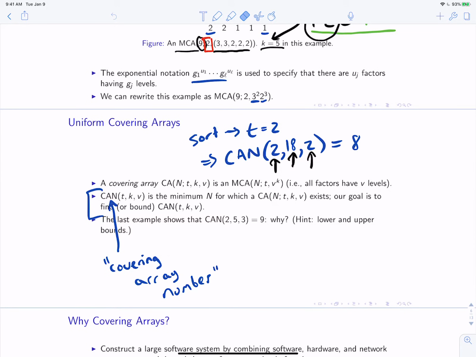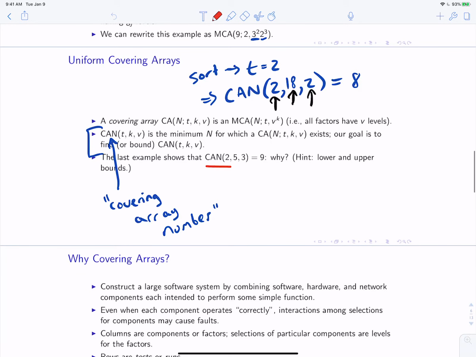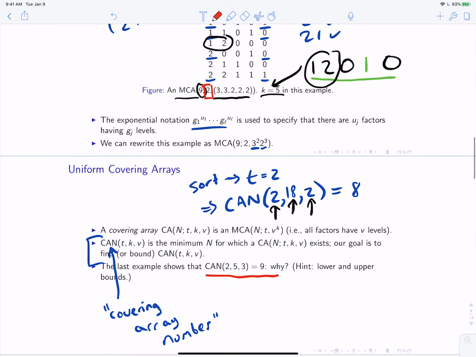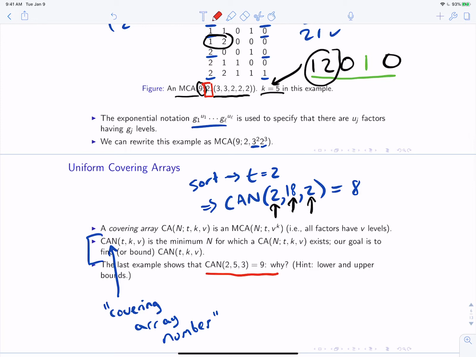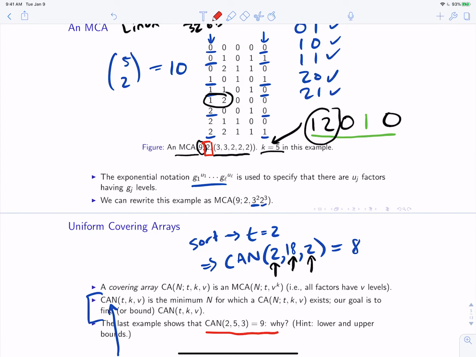One thing that I want to rectify is this line right here. This line's actually wrong, and it's my mistake. So can anyone tell me why it's wrong? It says the last example, which is the mixed covering array on the previous slide, which had 2 columns with 3 values, and 3 columns with 2 values, and we had 9 rows on that.